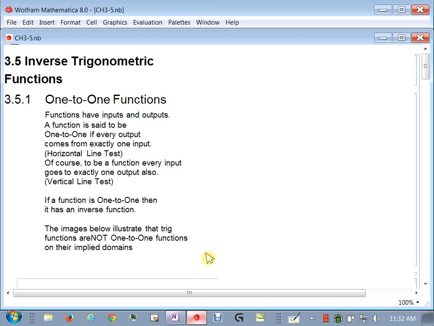We are going to start with 3.5. Now, in my history of teaching this class, which has been for a long time, I usually don't start with this section, but I'm doing it because I want to conform to what the other faculty are doing.